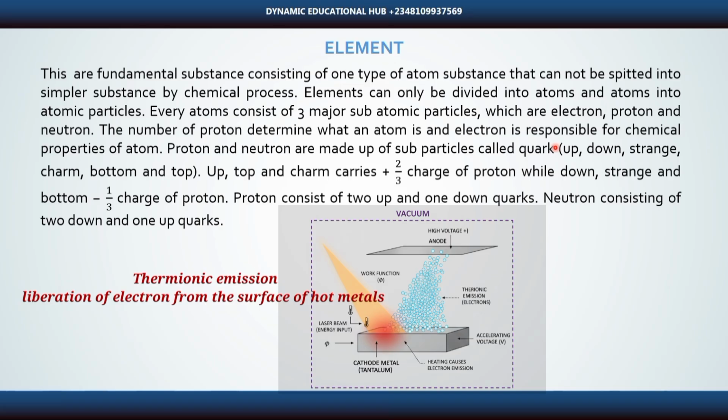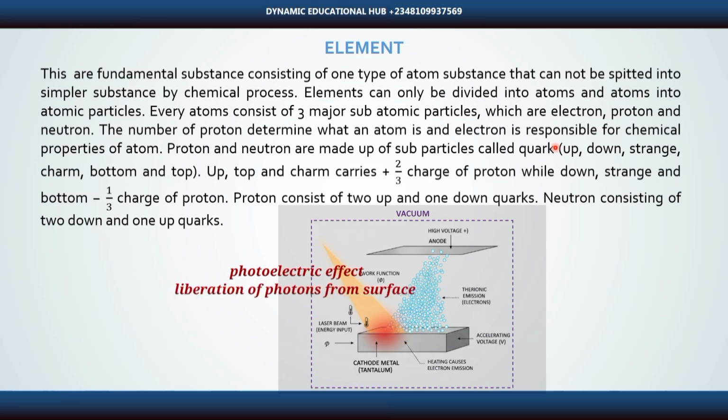The same metals can be exposed to rays or a beam of light having sufficient frequency, and electrons will also be liberated from that surface. The electron that is liberated is known as a photoelectron. These are different methods by which you can break off an electron from the atoms of some elements.